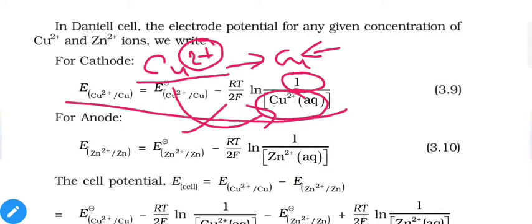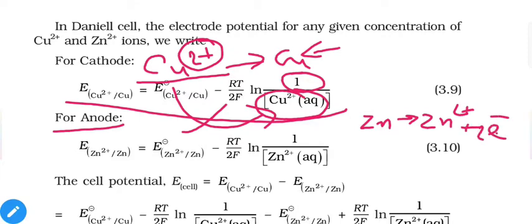Similarly, on the anode you will get the oxidation reaction of zinc, that means zinc metal will be oxidized to Zn2+ and it will release 2 electrons. So n value is equal to 2, so it is already placed here. But right now we are talking about reduction potentials, that means we need to use the reduction reaction for zinc as well, although actually zinc gives an oxidation reaction, but we will flip it later.